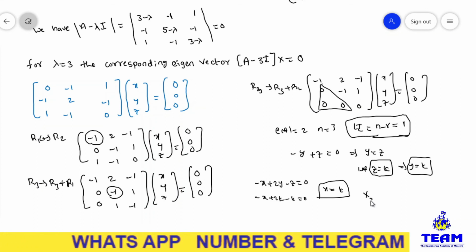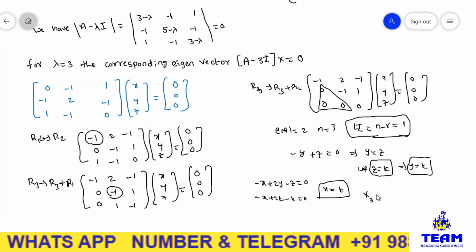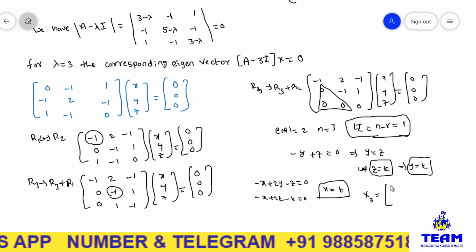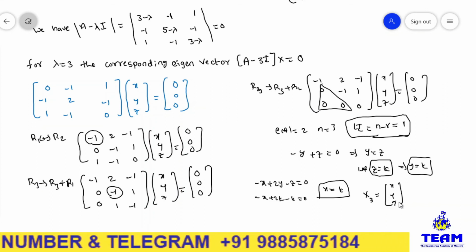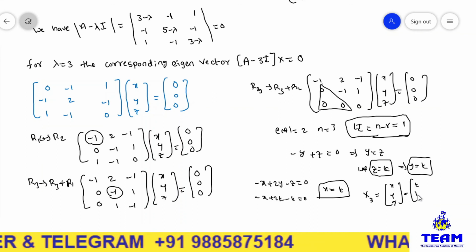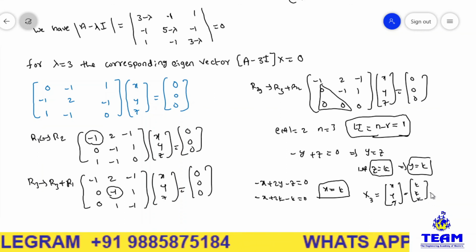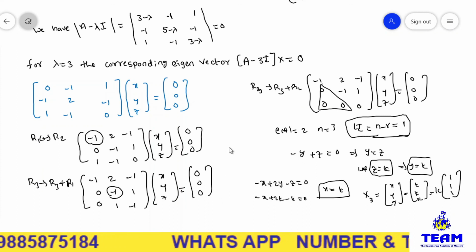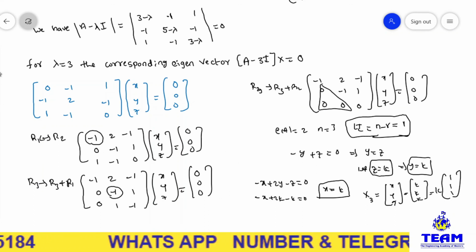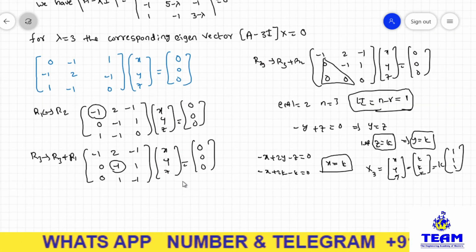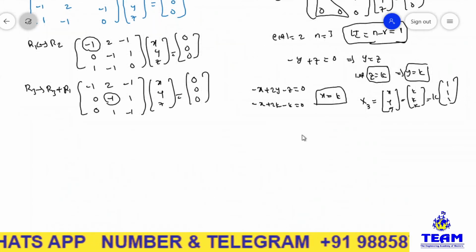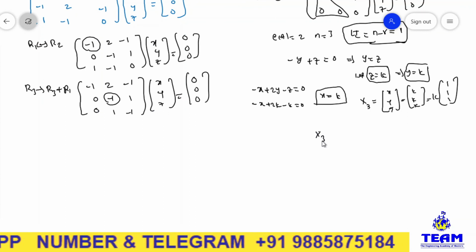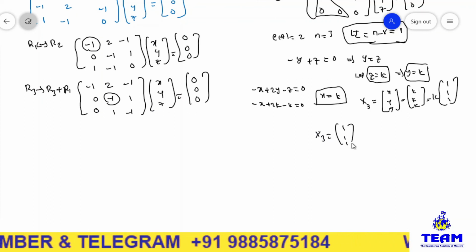Therefore the corresponding eigenvector for lambda equal to 3 is x3, which is x, y, z, equal to k, k, k. If you take k as common, then we will have 1, 1, 1. Therefore x3 is equal to 1, 1, 1.